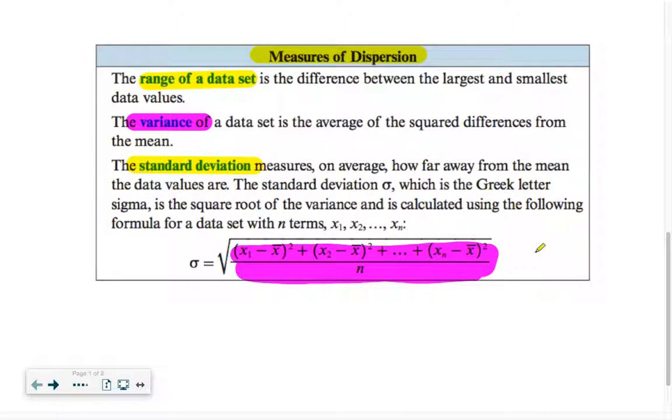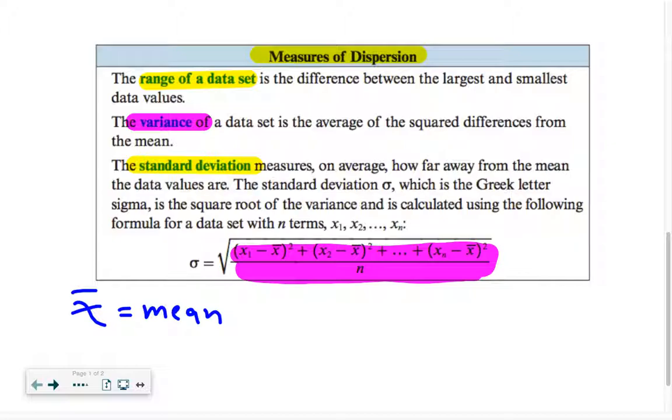Variance is x of 1 minus x bar, the x with the bar over the top of it. What does that mean? Well, this represents the mean. So we start with the first value in our set, subtract the mean away from it, and square it.